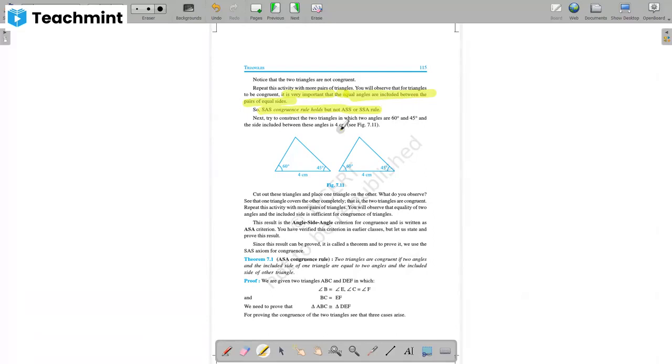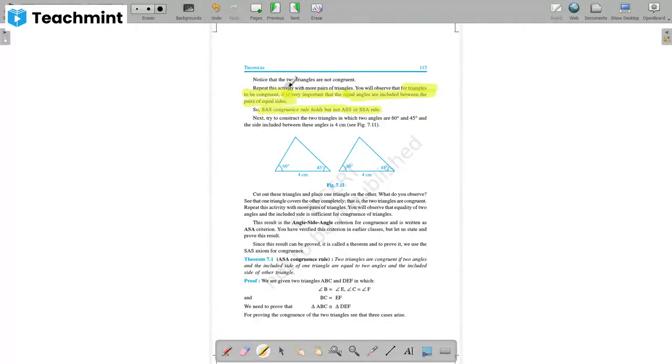This highlighted line you have to write in your copy. For triangles to be congruent, it is important that the equal angles are included between the pairs of equal sides. So the SAS congruence rule holds, but not ASS or SSA.